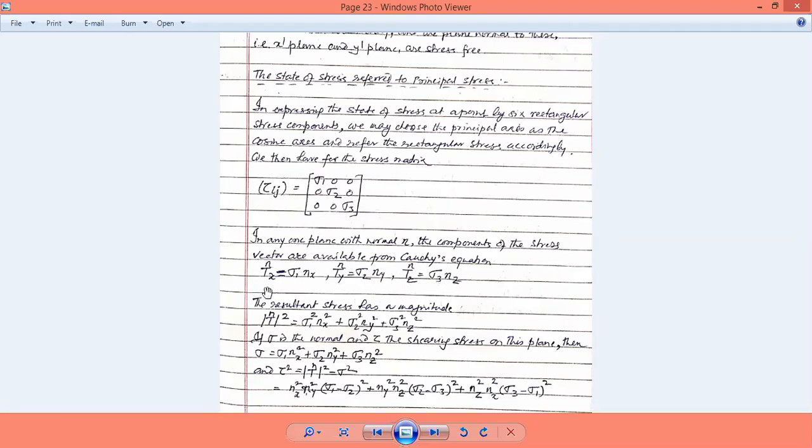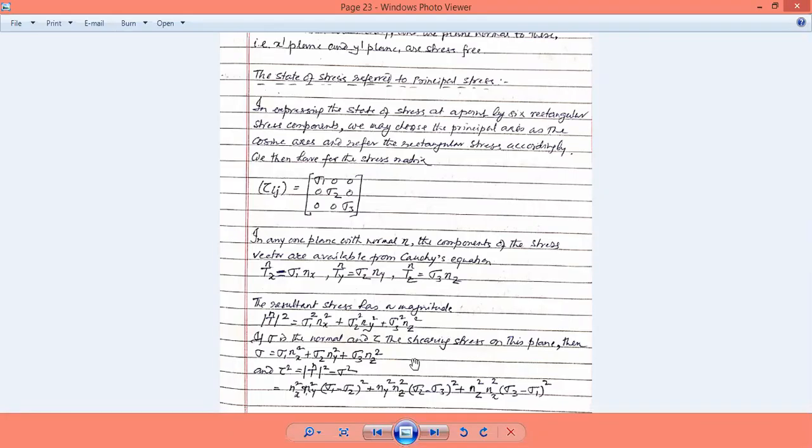Because there is no shear, Tx is equal to the principal stress multiplied by the direction cosine of the normal, and Ty and Tz are the same accordingly. The resultant stress has the following magnitude: T to the power n squared is sigma 1 squared nx squared plus sigma 2 squared ny squared plus sigma 3 squared nz squared.